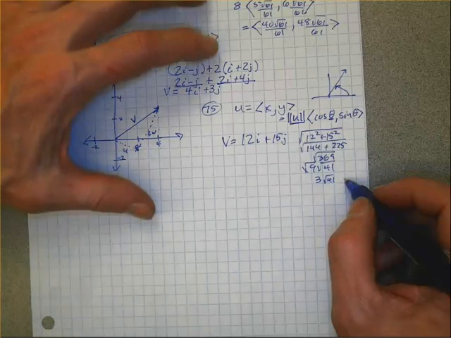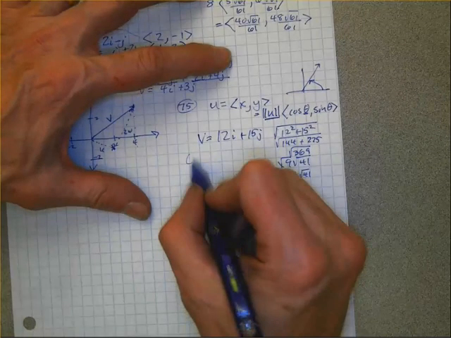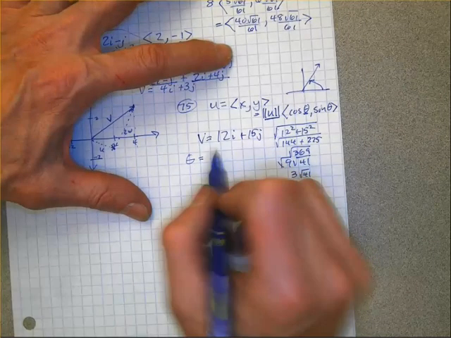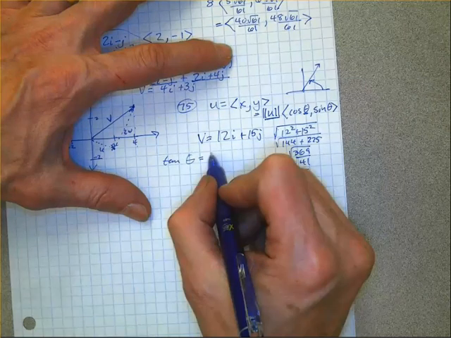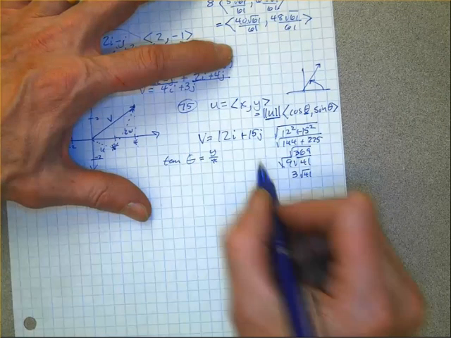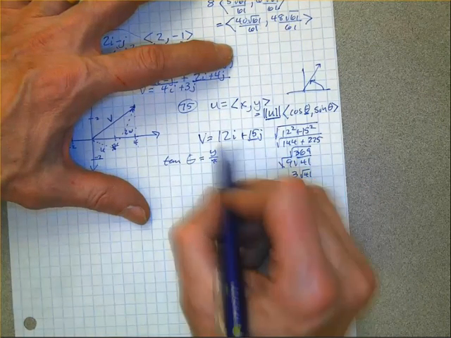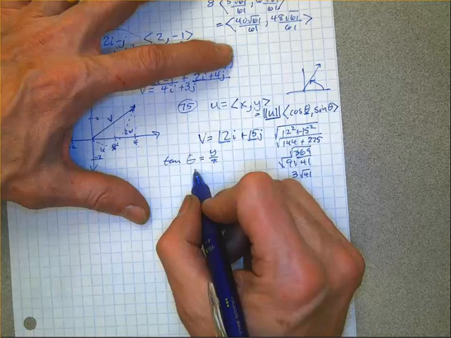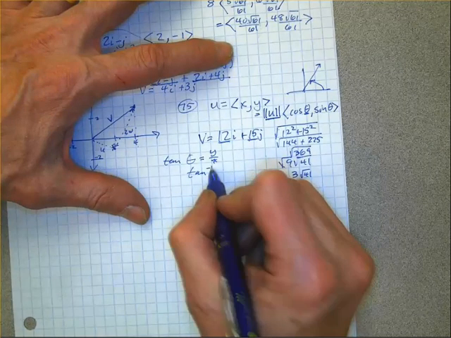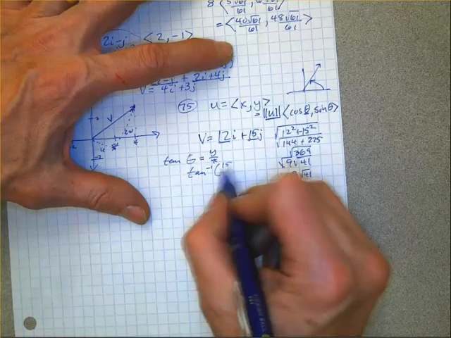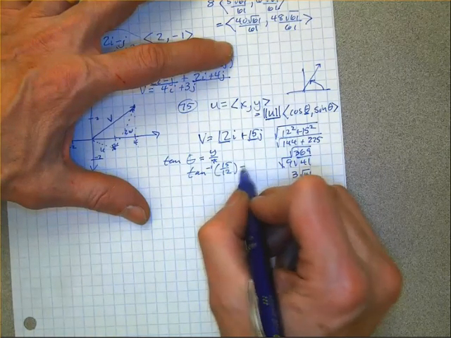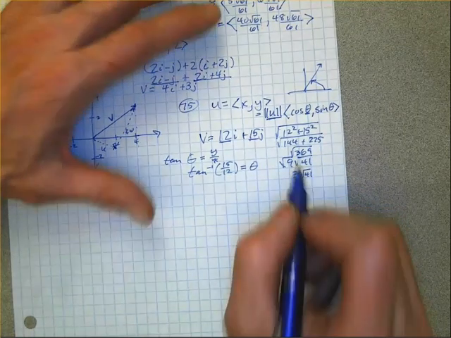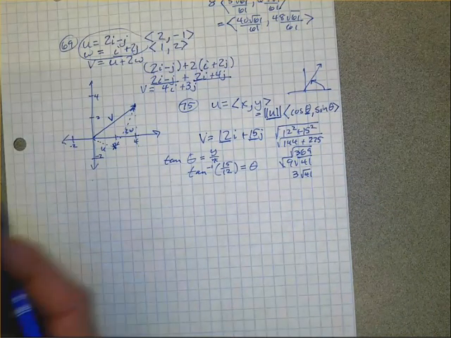Now to get theta, I have to remember that the tangent of theta is equal to y over x. And y in this case is 15 and x is 12. So that means that the inverse tangent of 15 over 12 is going to get me theta. So that's what I'm putting in my calculator right now.